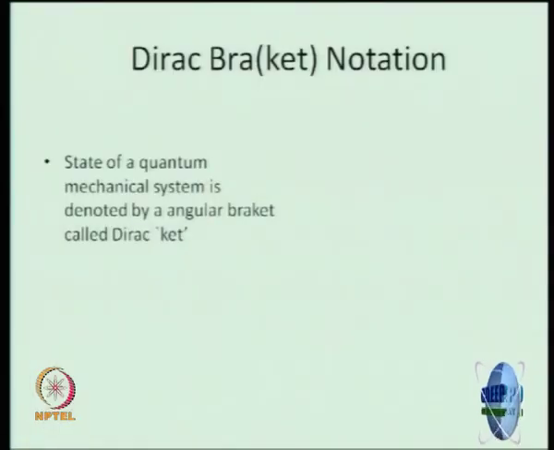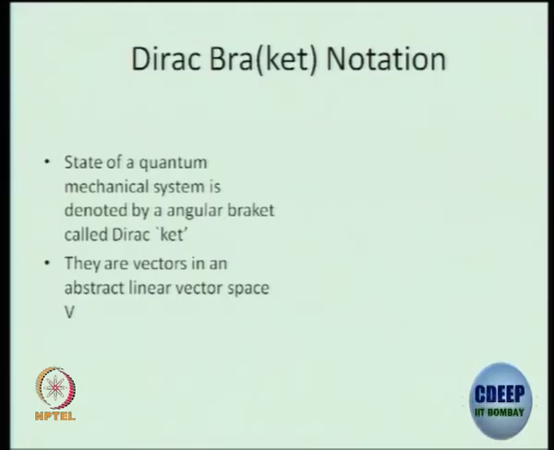Here is a block summary of what I said right now, which is the Dirac bracket notation. The state of a quantum mechanical system is denoted by an angular bracket, which was called by Dirac a ket, and these are vectors in an abstract linear vector space.